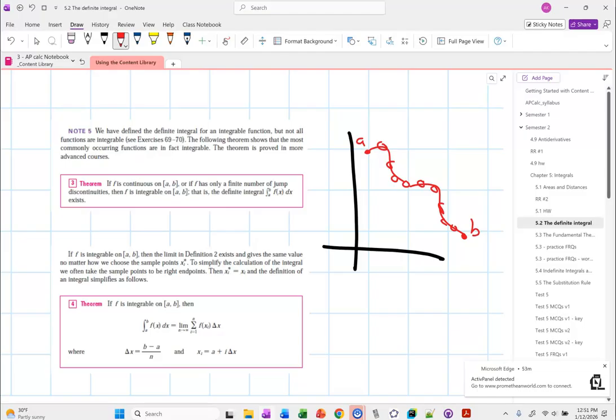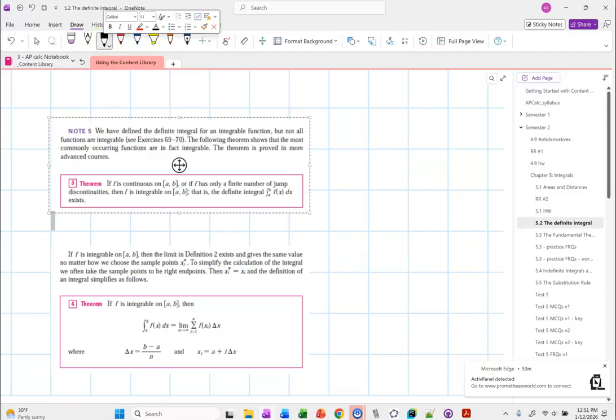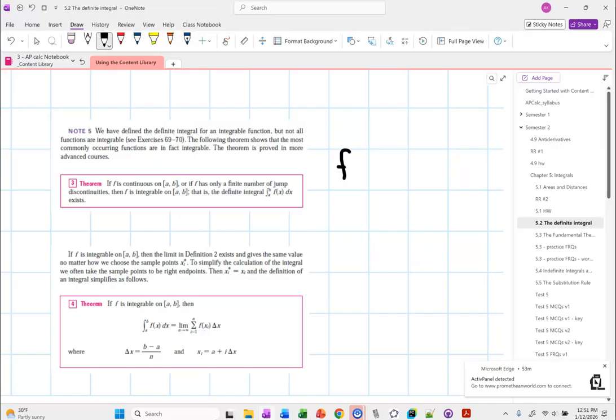Where you get into trouble is if you have infinitely many, or even more precisely, uncountably many discontinuities.